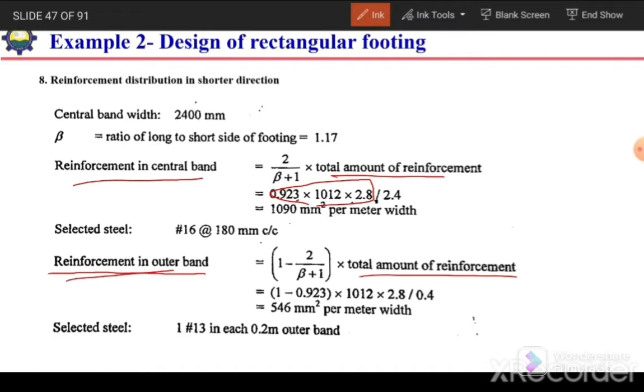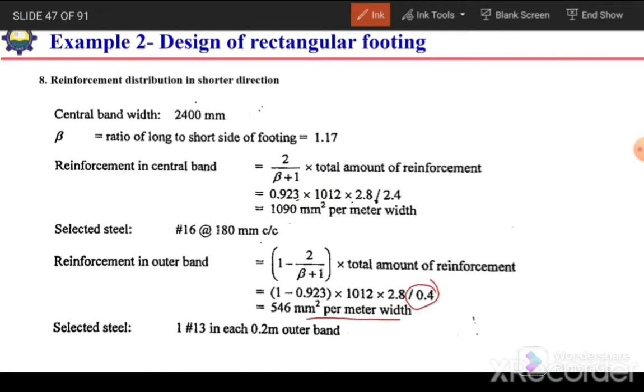So 1 minus 0.923 times the reinforcement required for unit width, multiplied with 2.8 to calculate the total reinforcement. Then divide to convert it into the reinforcement required per unit width, or if we don't want to convert it into unit width, no need to divide, just calculate the value. It comes out to be 218 millimeter square for the total outer band.